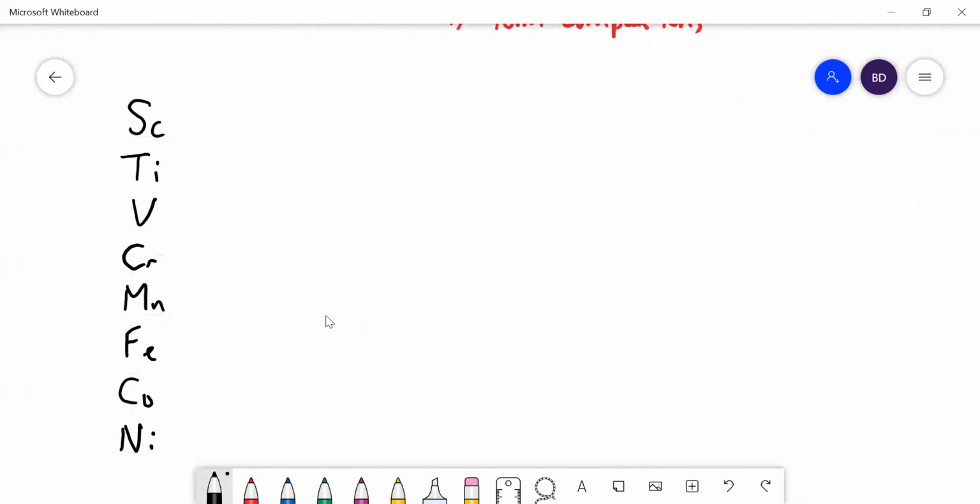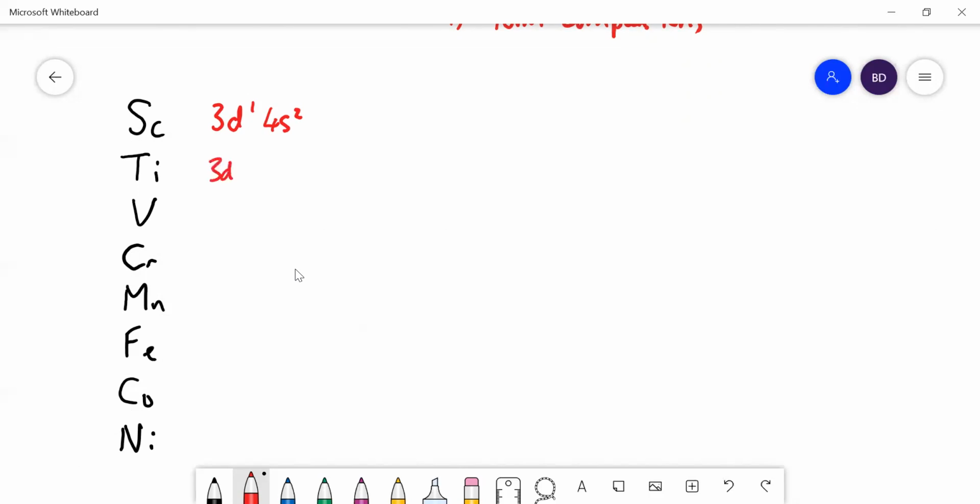Right, let's do the electronic structures of those. So scandium has got 3D1, and I've put the 4s in as well, so it's going to be 3D1 4s2. Now you can put them in either order, 3D first or 4s, but I think it's more logical to do it this way because it's always going to lose the 4s electrons first.